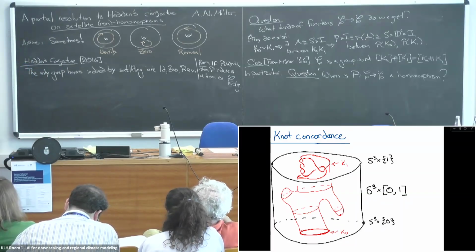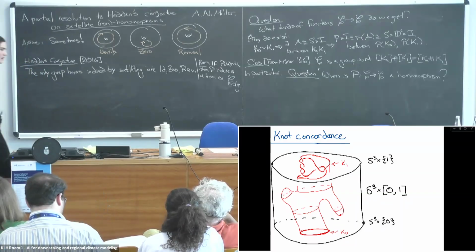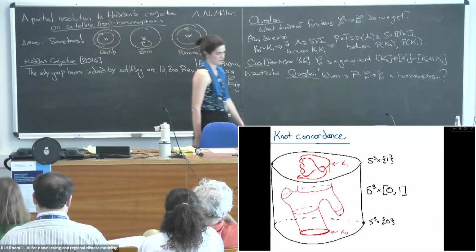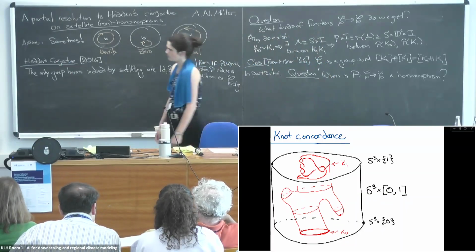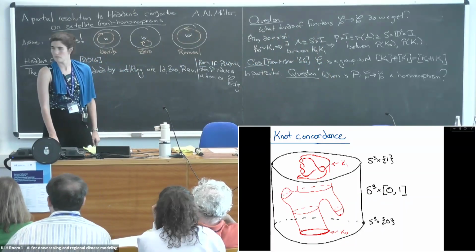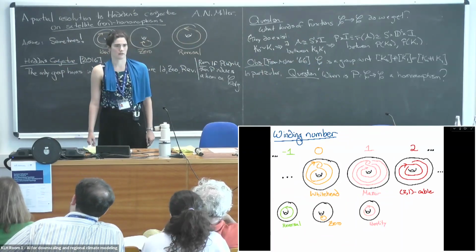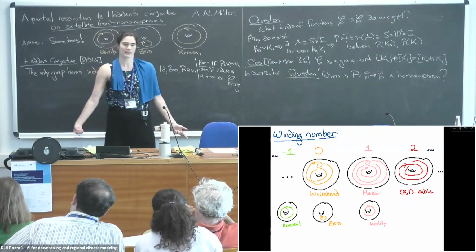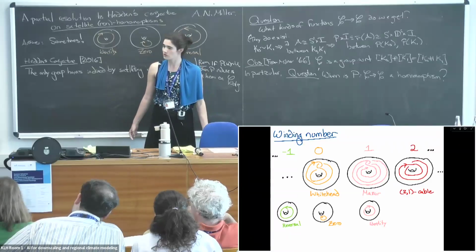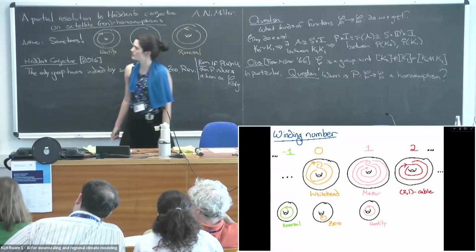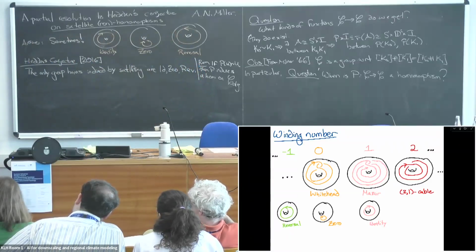Okay. So I promised you a partial resolution of Hedden's conjecture. Before I can tell you what that is, I need to either tell you or remind you of the winding number of a pattern, which I'm going to do mostly by looking at these pictures. The winding number of a pattern tells you how many times it wraps around the solid torus, counted with sign. If you haven't seen them before, we have the Whitehead pattern here.